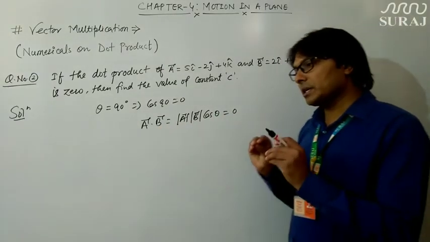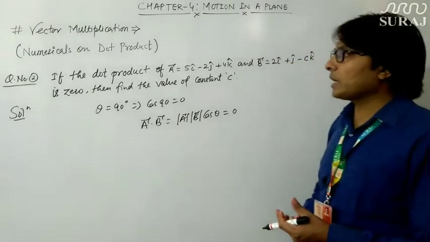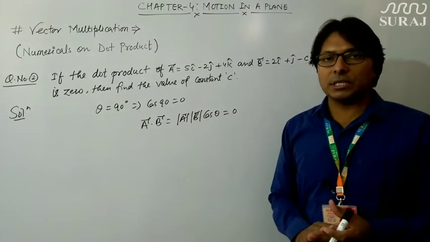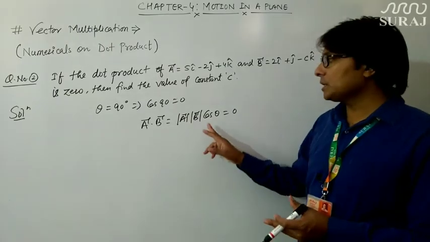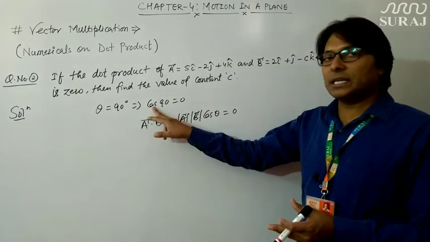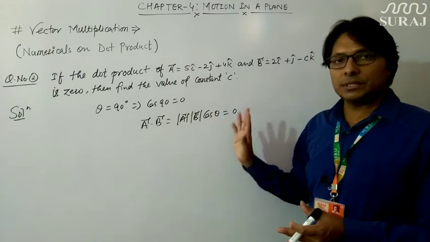Means you must remember that whenever two vectors are perpendicular to each other, then definitely their dot product is going to be 0, because the angle becomes 90 degrees and the value of cos 90 becomes 0.